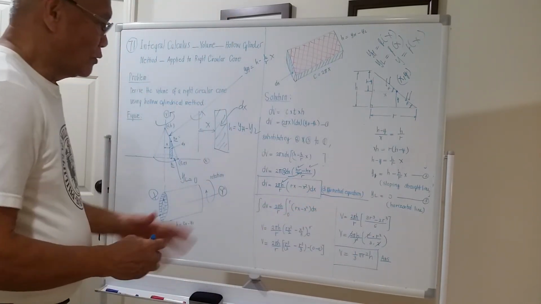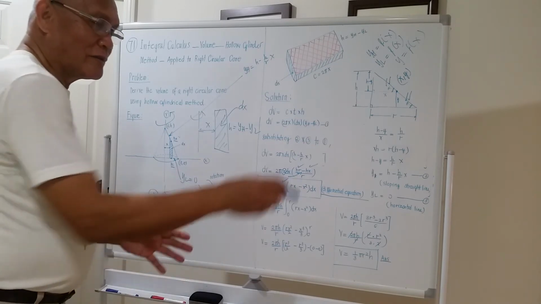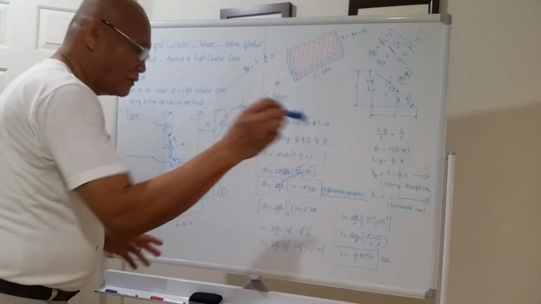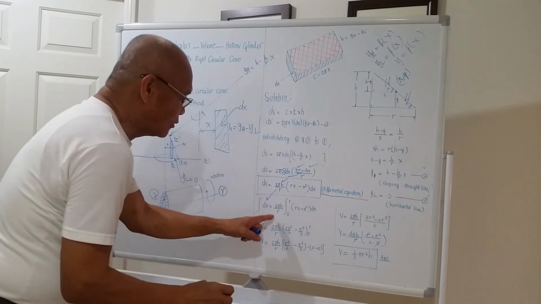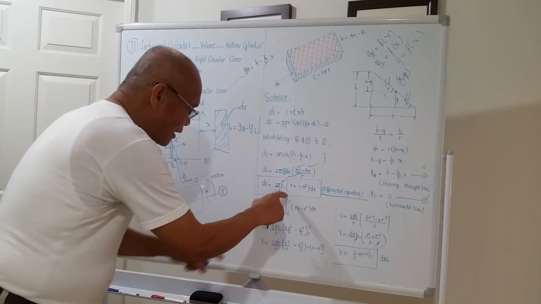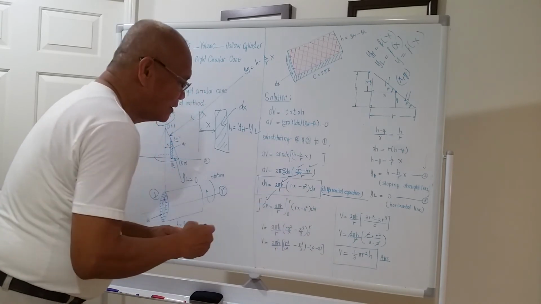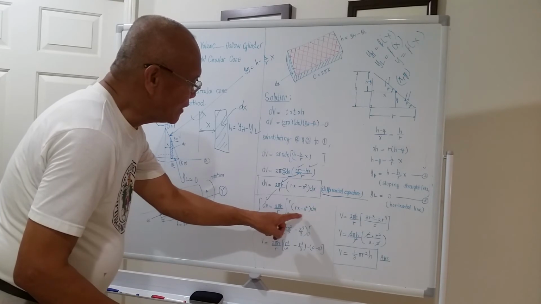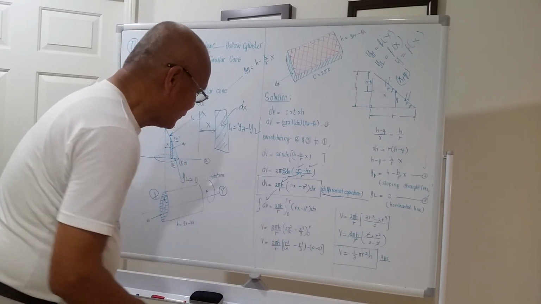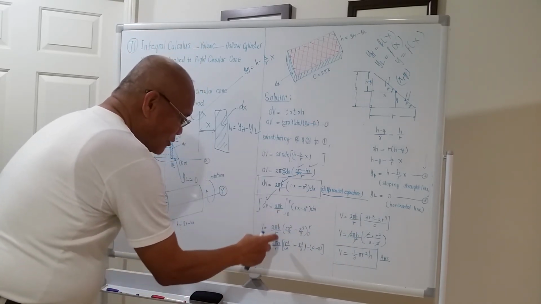Okay, to take the total volume after rotating the hollow cylinder, integrate both sides. The integral of the differential volume equals 2 pi h over r, the integral from 0 to r of rx minus x squared, dx. Volume now will be 2 pi h over r.